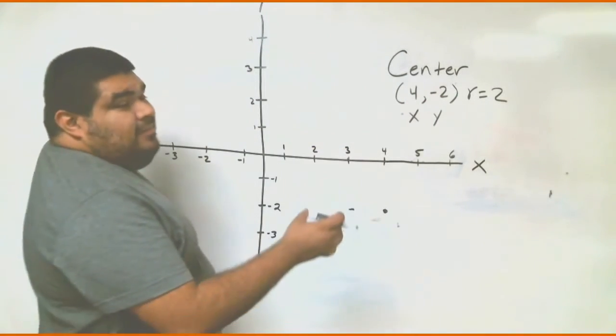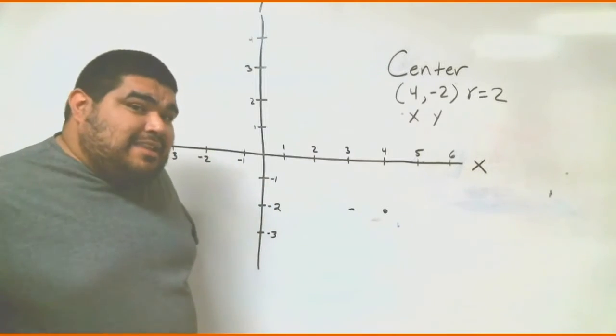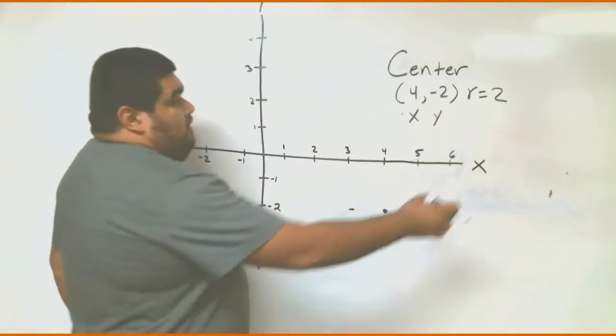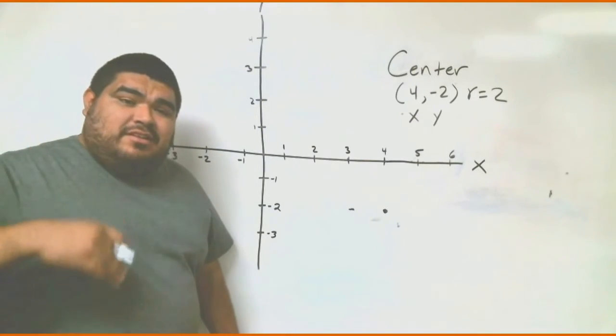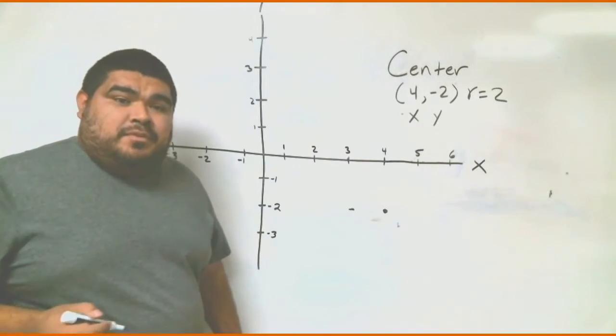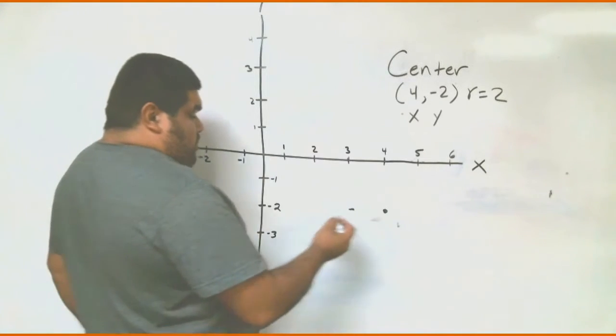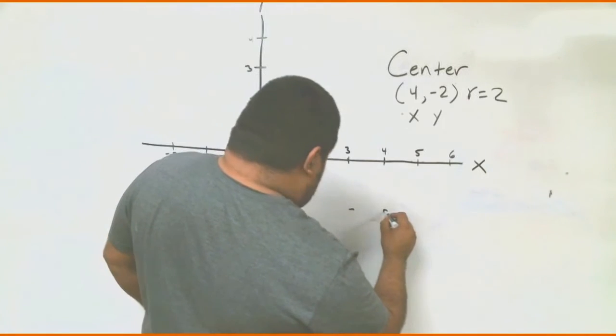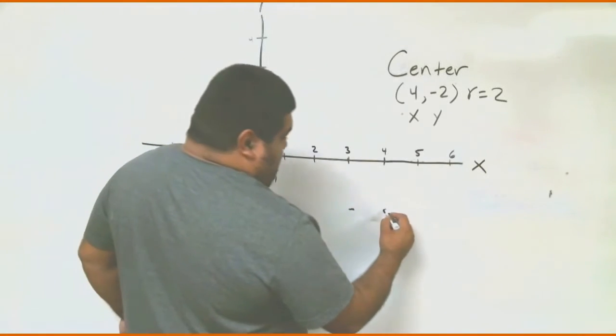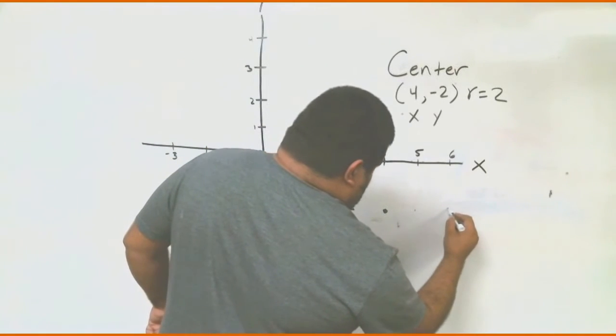That's where the point of the center is. Now, since that point has a radius to the outer layer of 2, that means that we're going to go in every direction, 2. Okay? So, we're going to go 2 to the right. So, -2 still. We have 1, 2.